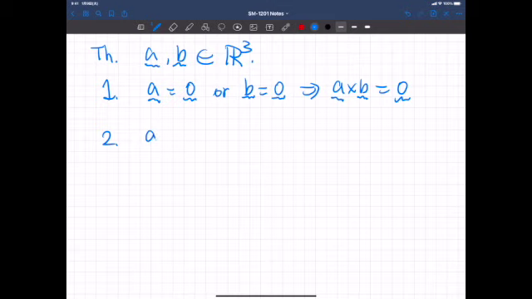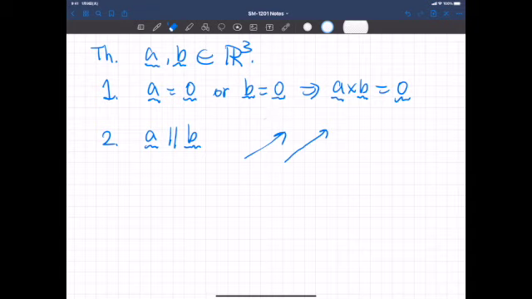If A is parallel to B, that means if A is a vector like this and B is a vector that is parallel to A, so they are parallel.